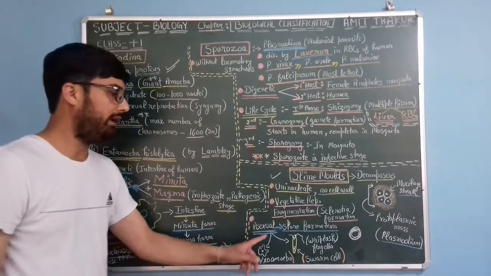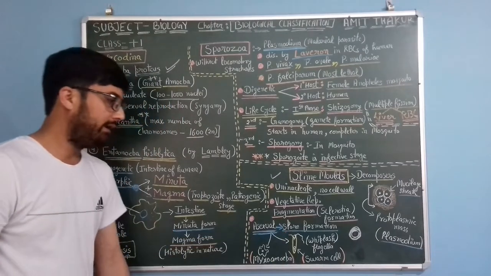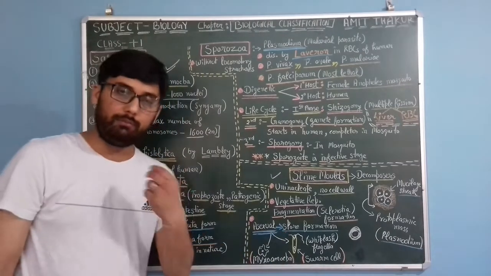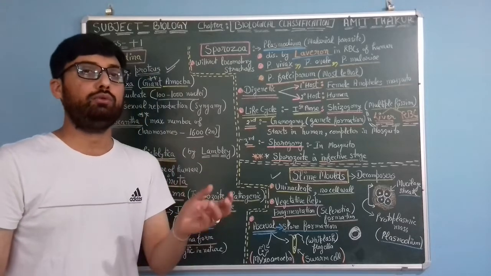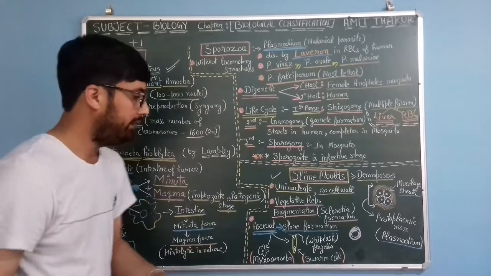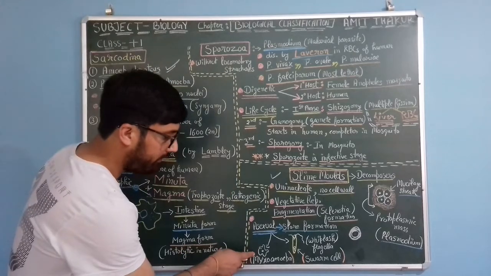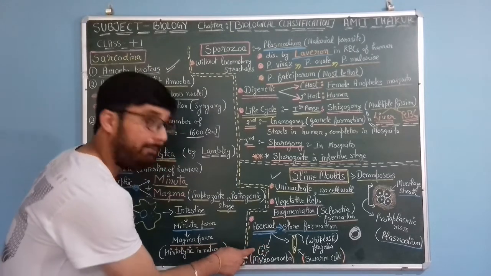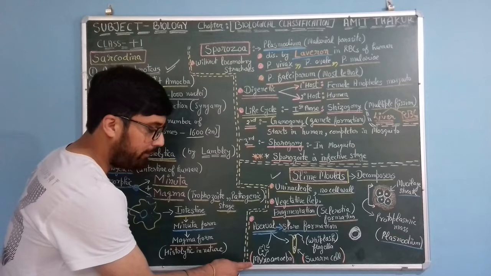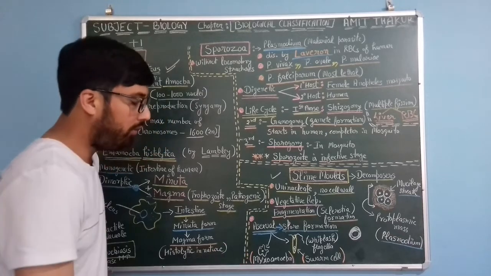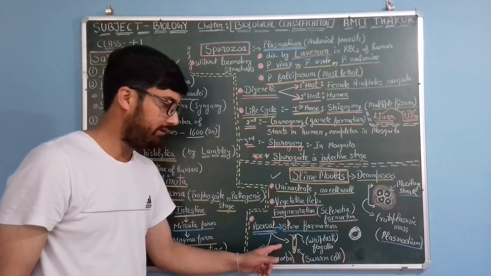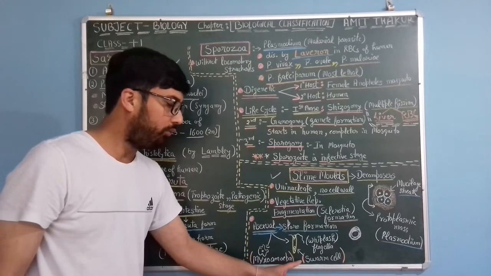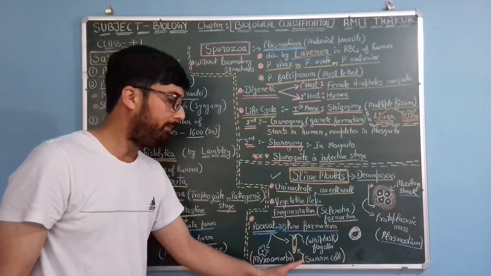Asexual reproduction occurs via spore formation, and the spore modifies into two different structures: either an irregular amoeba-like structure known as myxoamoeba, or a spindle-like structure known as swarm cell.